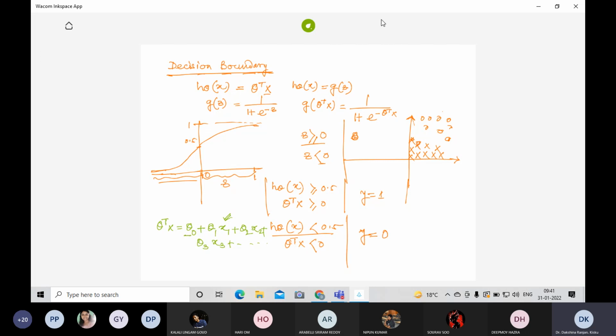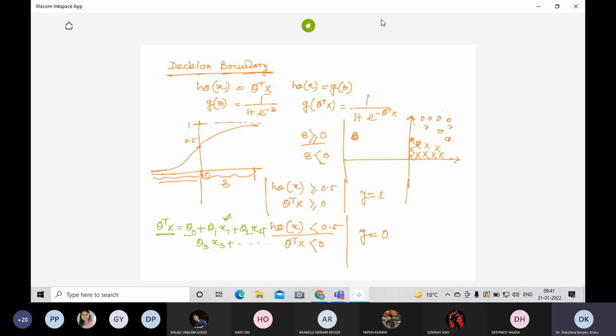Then we will put these values in this representation and figure out whether theta transpose x is greater than or equal to 0, or less than 0.